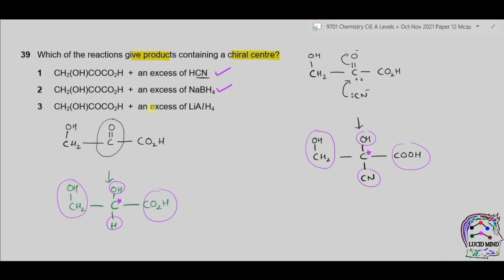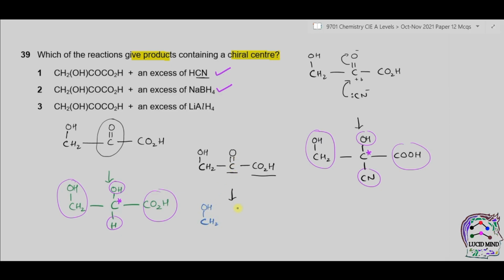In the third option we have excess of lithium aluminum hydride. Again this is a reducing agent. It reduces ketone to secondary alcohol and it also reduces carboxylic acid to primary alcohol. Let's do this one. Now both will be reduced, this one and this one. We have primary alcohol on the first carbon.